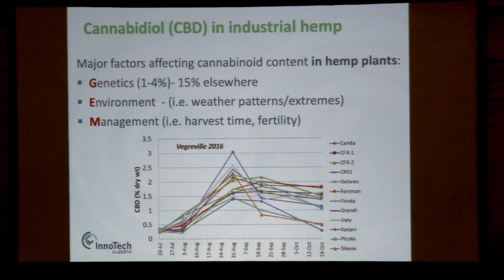And here I'm showing you our 2016 data. We harvested 12 or 14 varieties of hemp at different developmental stages, from pre-flowering, about 3-4 weeks before flowering, till seed harvest. You can see on this graph that different varieties have different dynamics of CBD synthesis and degradation.